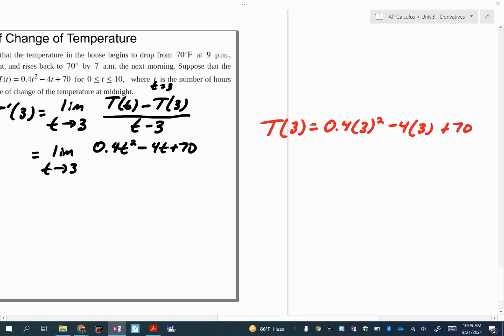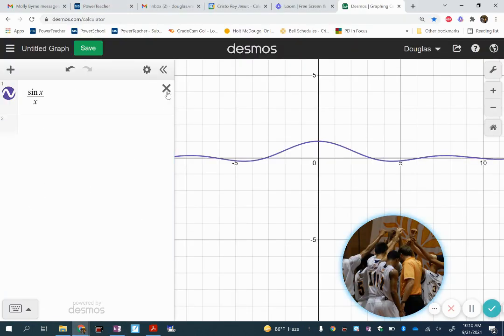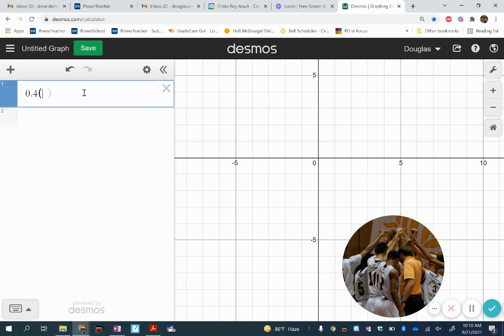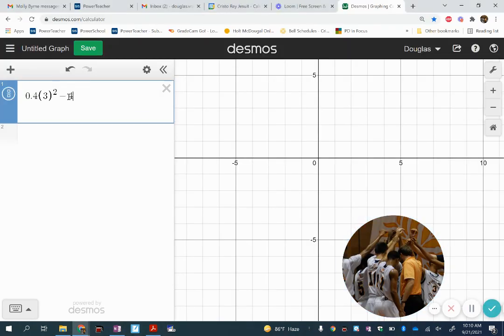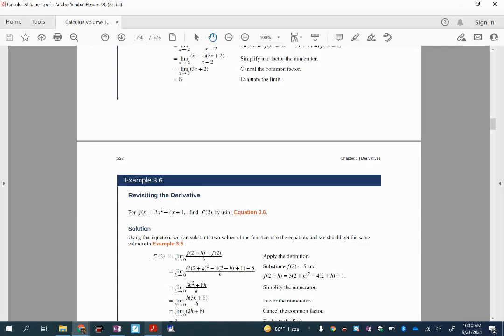All right, so let's go to Desmos. We can plug this in. All right, so we have 0.4 times 3 squared minus 4 times 3, and then plus 70, right?